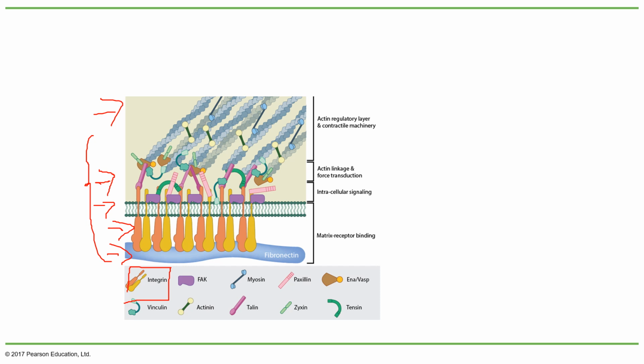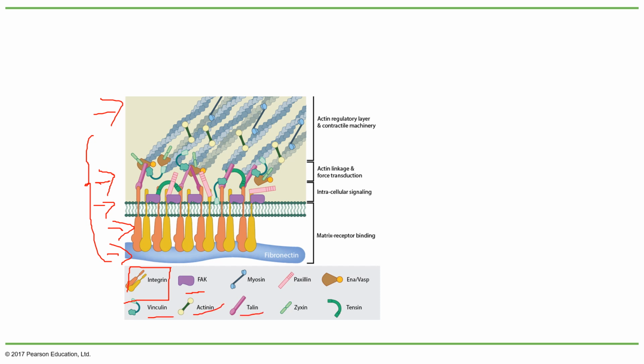This complex of proteins, formed by integrins and linker proteins that attach to the cytoskeleton, is very important. Again, more names of proteins that are involved in cancer. Here you have one of the linker proteins, FAK. We already talked about vinculin, actin, and talin.